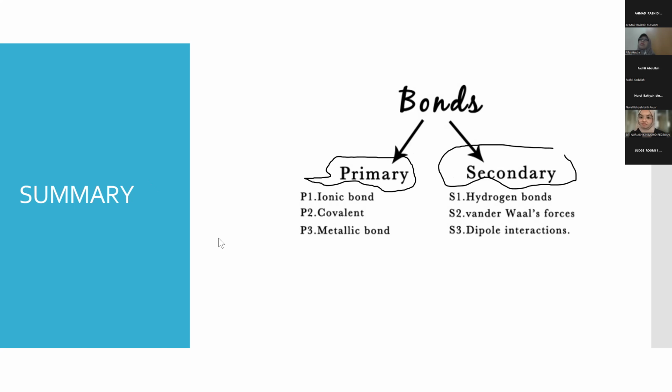In primary bonding, what happens? In primary bonding, there is sharing or transfer of electrons. Okay, that's right. How about secondary bonding? There is no sharing and no transfer. Okay. Thank you, Fadli.